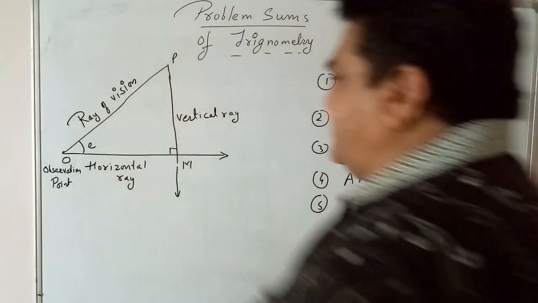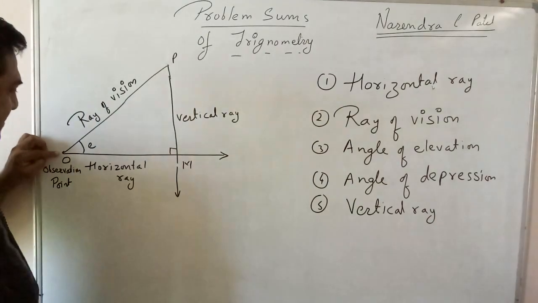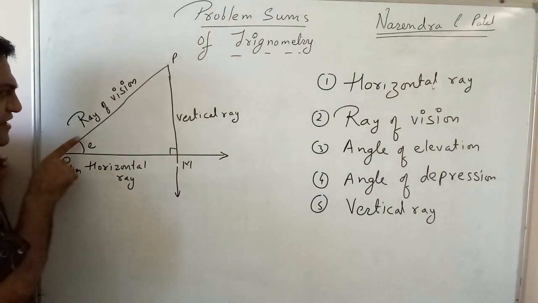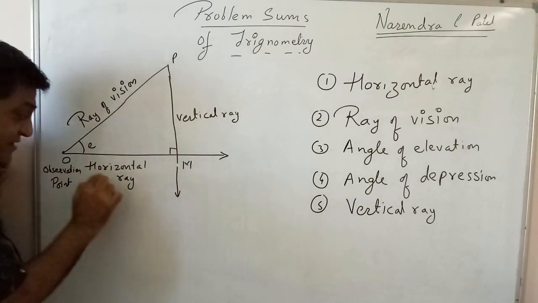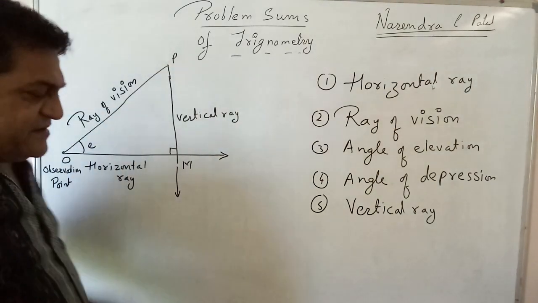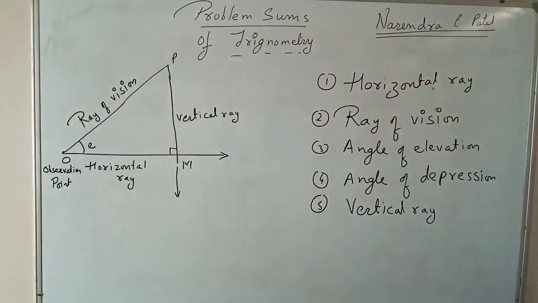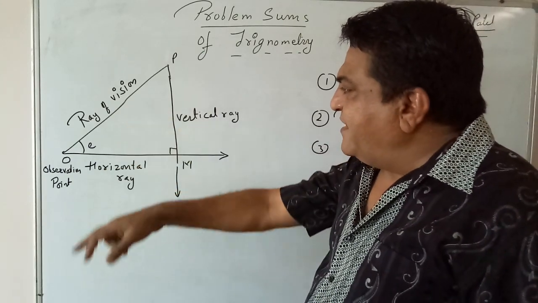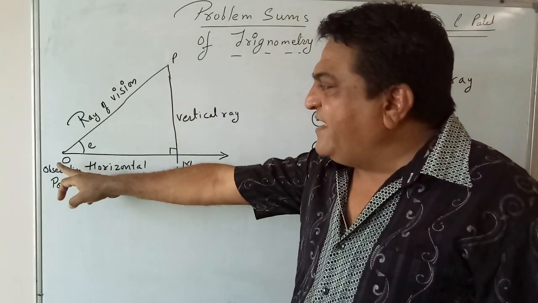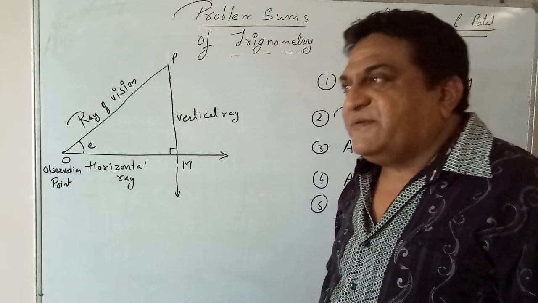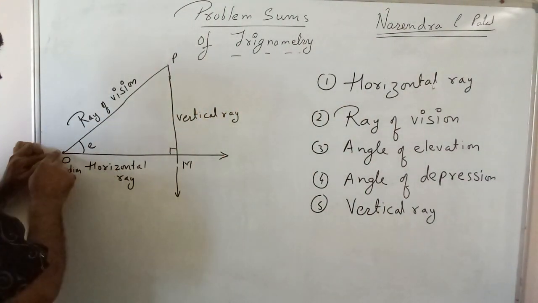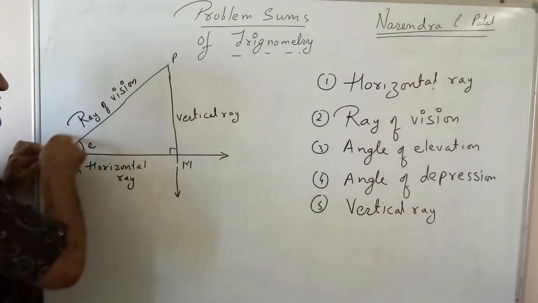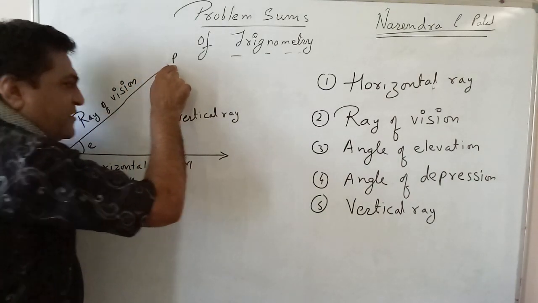So, see, if you are observing from here, your ray of vision is like this. If the ray of vision is above the horizontal ray, then it is the angle of elevation. The ray of vision is a ray joining the eye and the point of observation. Your eye is here and the ray is joining your eye to the object to be observed.